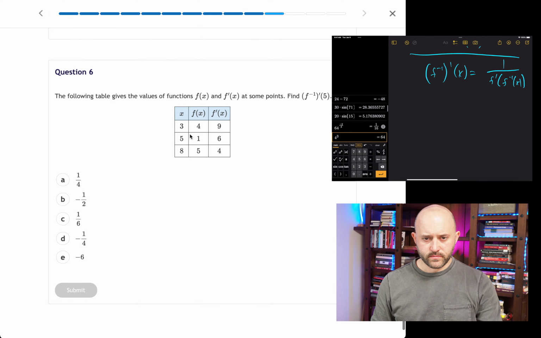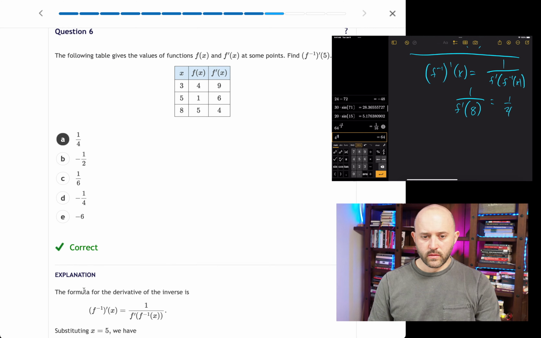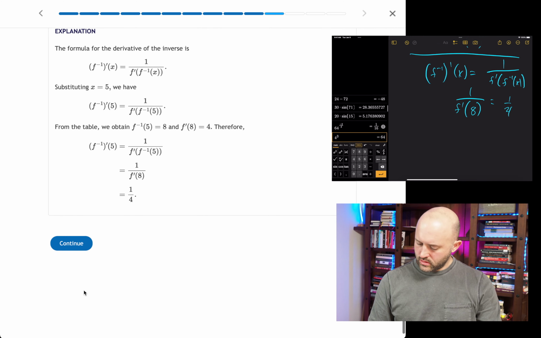Let's go back down. So f inverse of 5 is 8. So f prime of 8 is 4. So that's 1 over 4. Just apply the formula, man.